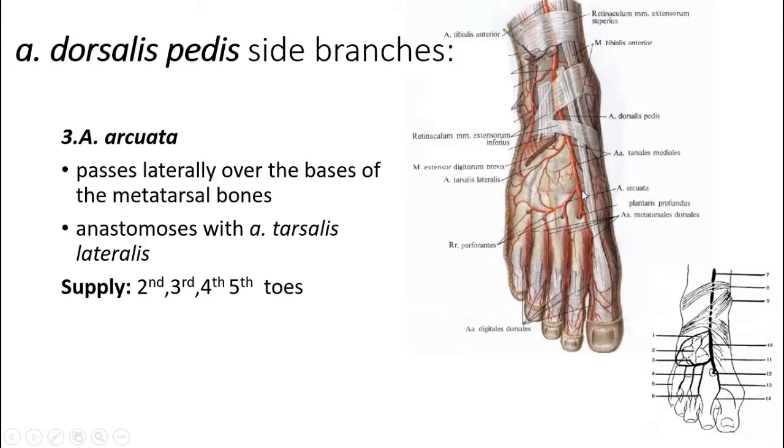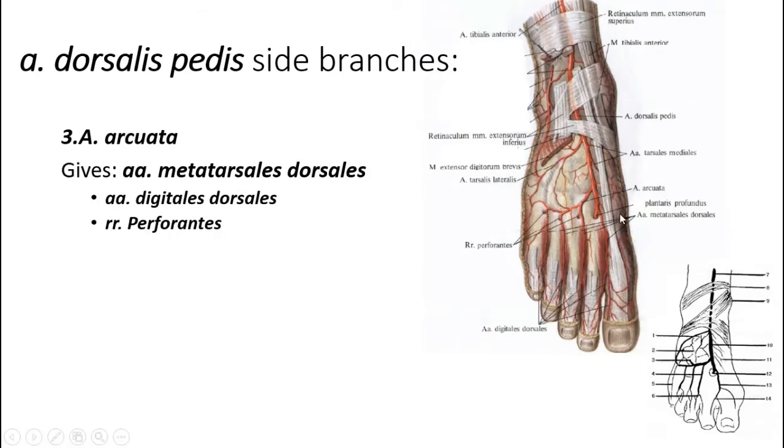And from the arteria arcuata we'll start 3 arteries that will supply the rest of our toes. I'm talking about the 3 arteriae metatarsales dorsales. So here is the first, second, and third artery. You can see how these go between the metatarsal bones, toward the toes.